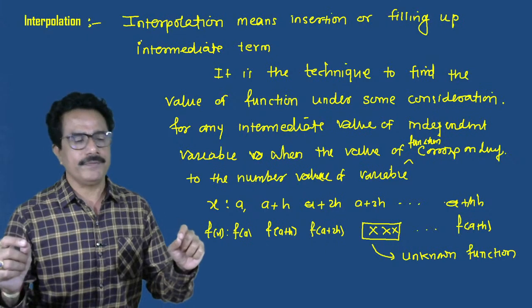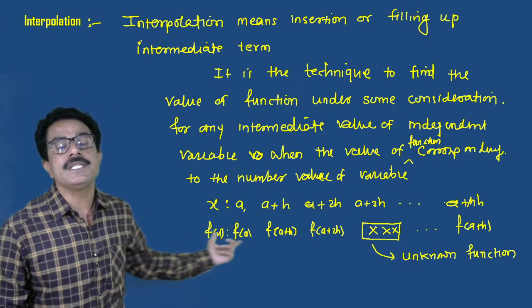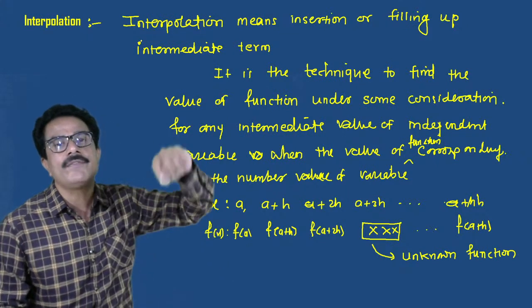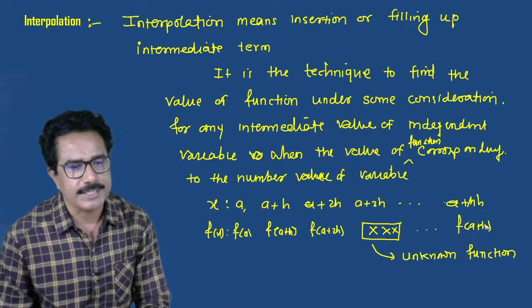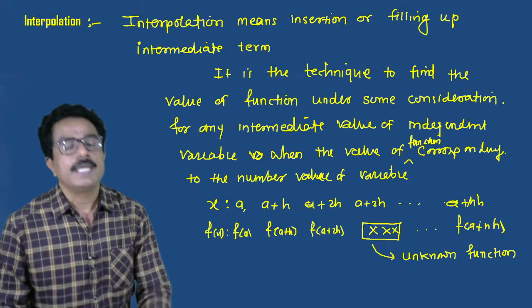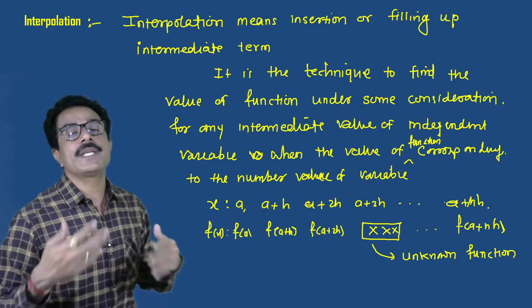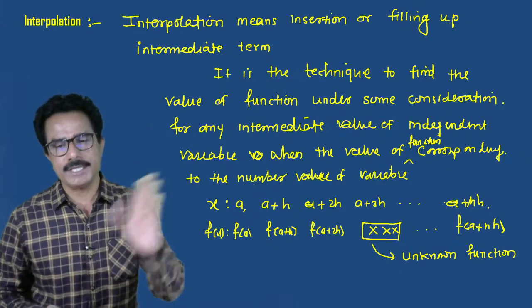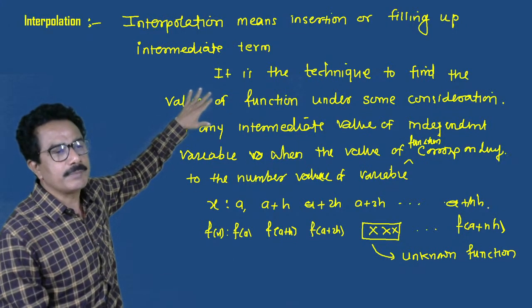In that series, from first to last, if any one term is unknown, then we can find that term by the process of interpolation.